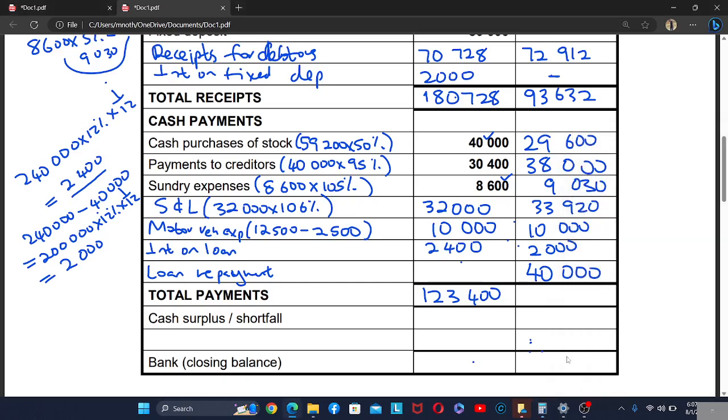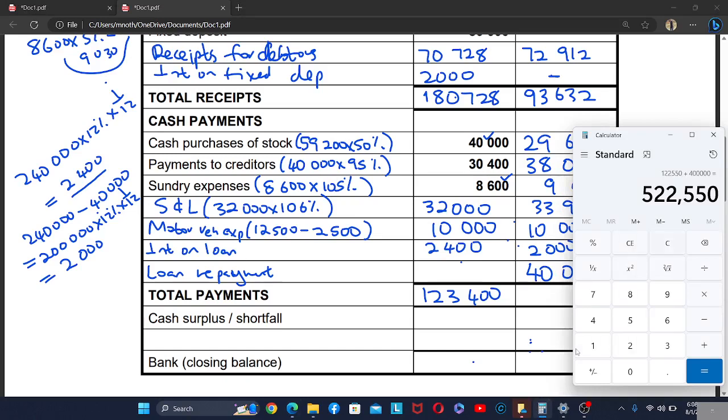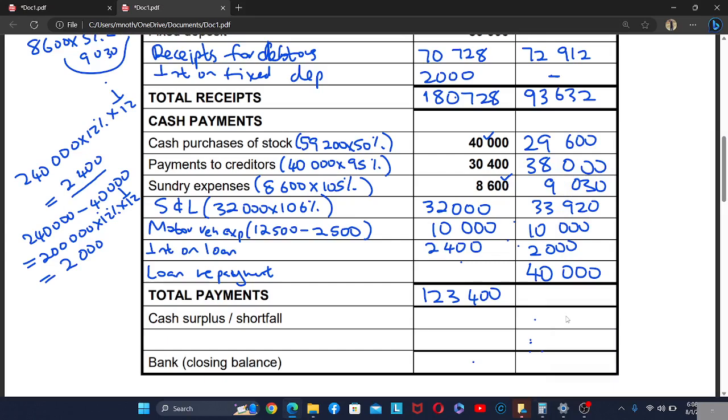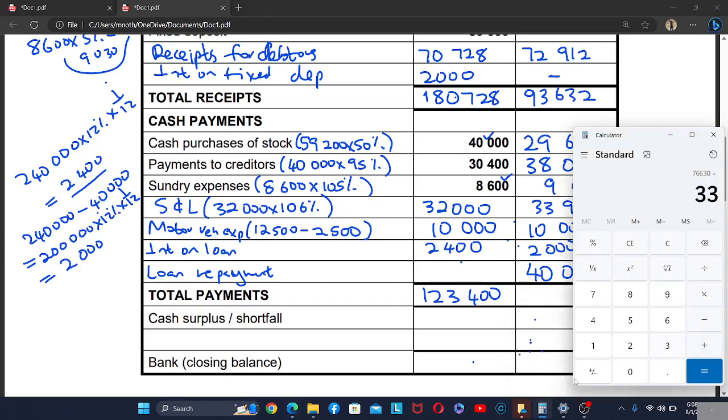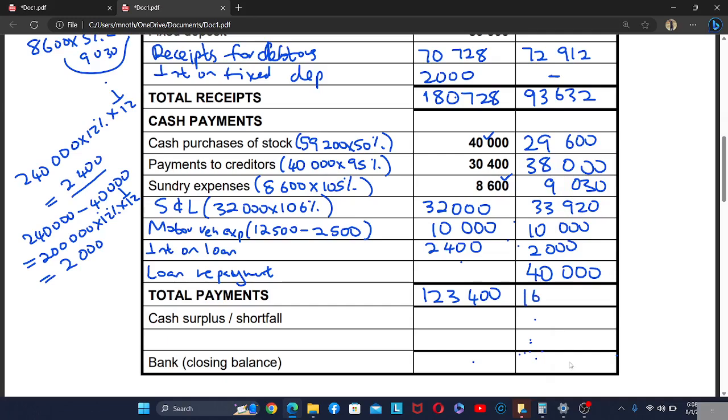That is not possible, there's a mistake here. Let's calculate again. 29,600 plus 38,000 plus 9,030 plus 33,920 plus 10,000 plus 2,000 plus 40,000 is 162,550.